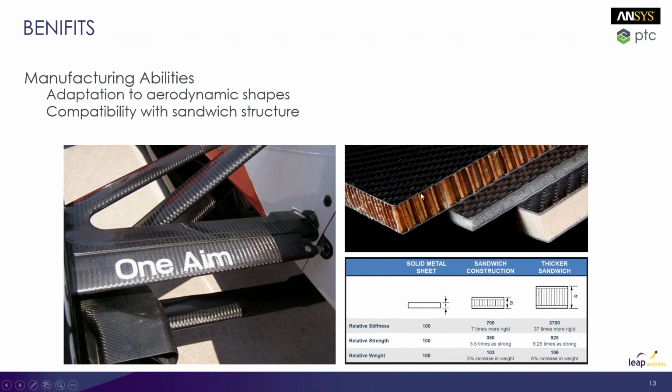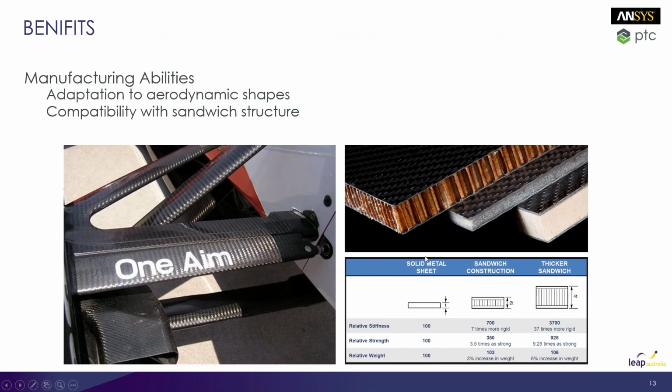And then the other thing that they lend themselves incredibly well to is integration into a sandwich composite, where we would have face sheets of composite material. In this case, it looks like woven carbon fiber. And then we have a low density material in between, which is just giving us room between the two face sheets. And what that does is increases the stiffness just a lot.